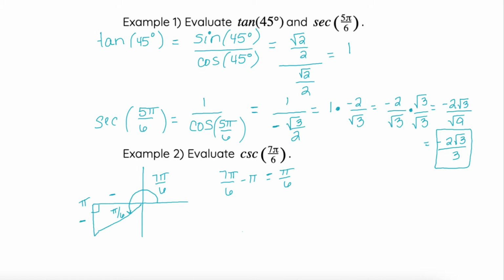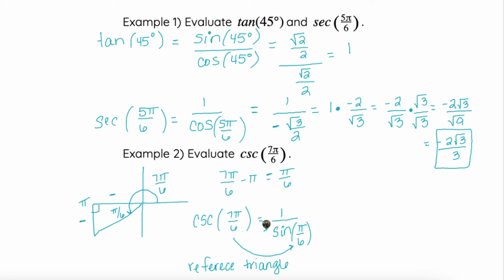So I'm going to start with cosecant of 7 pi over 6. I know that this is the same thing as saying 1 over sine of pi over 6, again using the reference triangle. However, because I know I'm in the third quadrant, I know that whatever this is has to be negative.